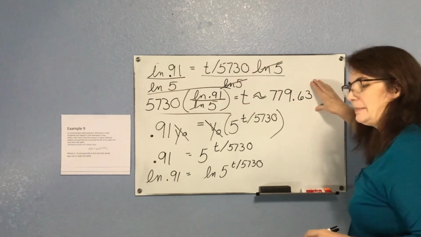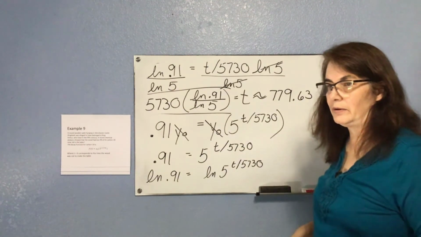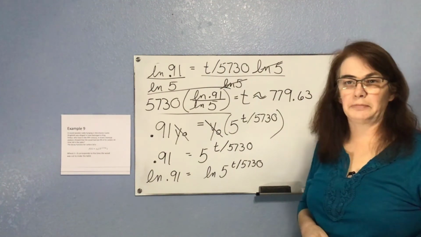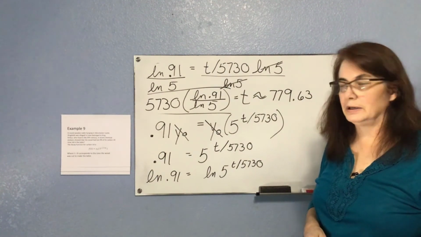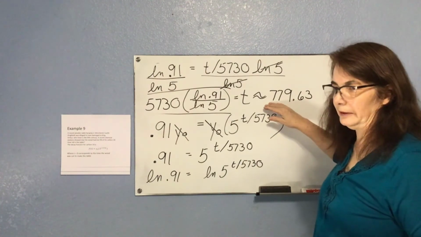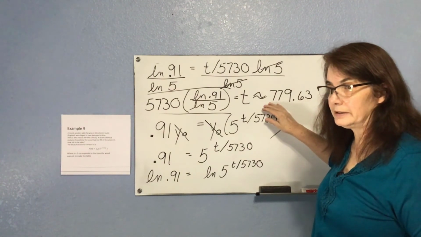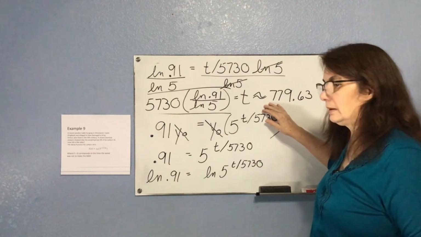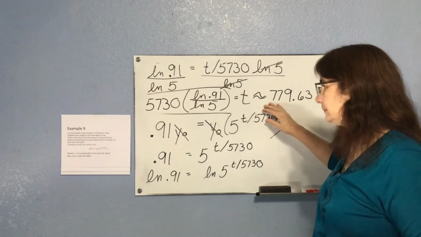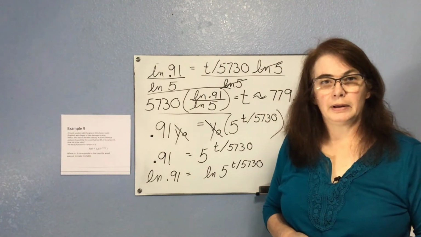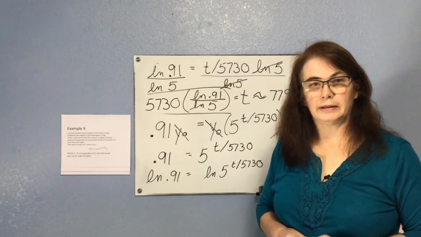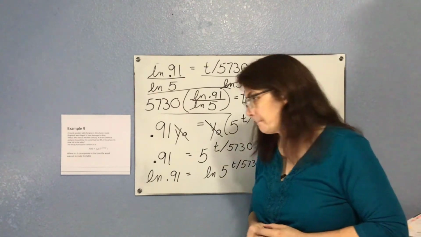So the table is about 780 years old. Could not possibly have belonged to King Arthur because this was in the 1300s or 1400s. Much too late for King Arthur. You'll work another problem using carbon dating formula in checkpoint 9.